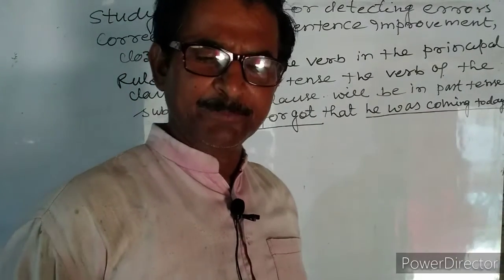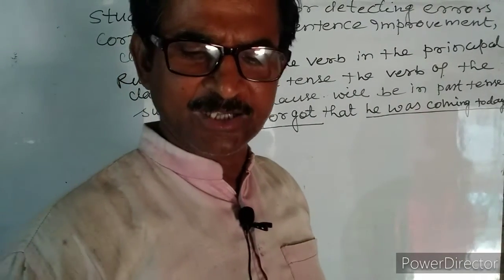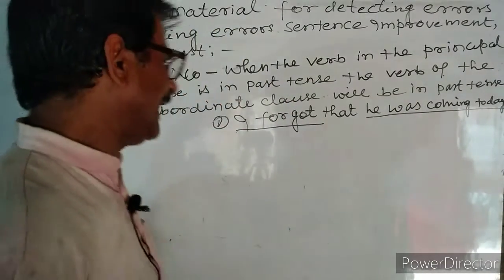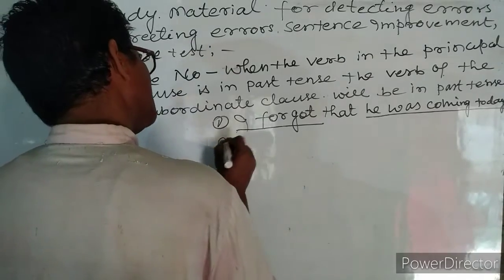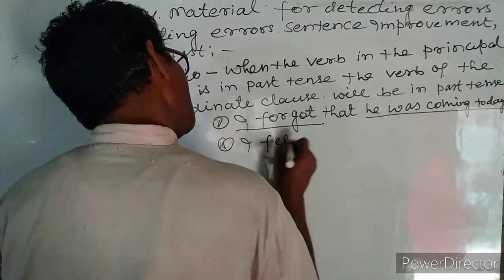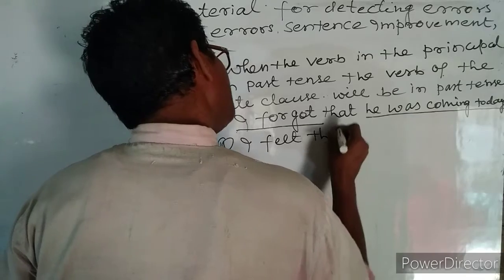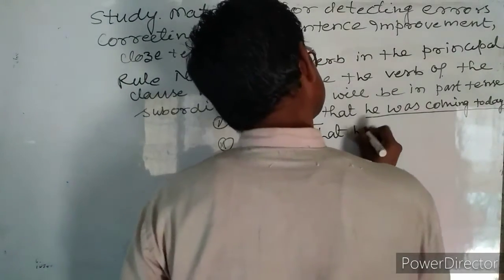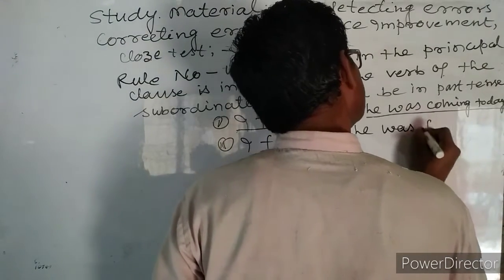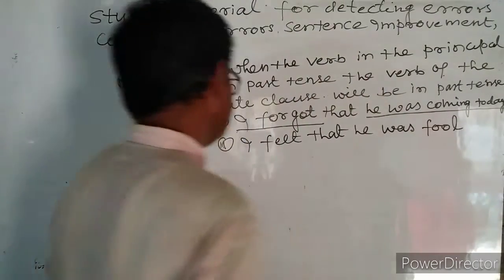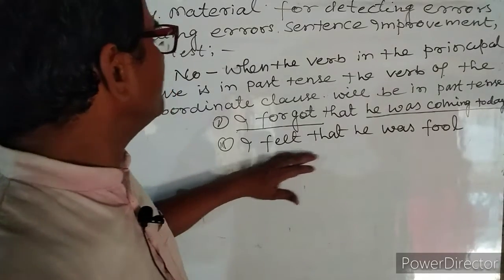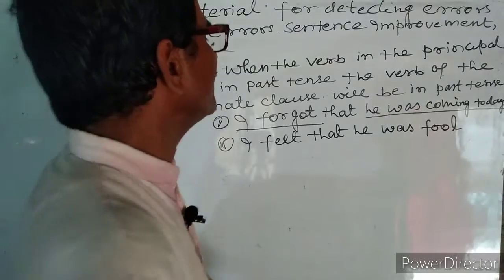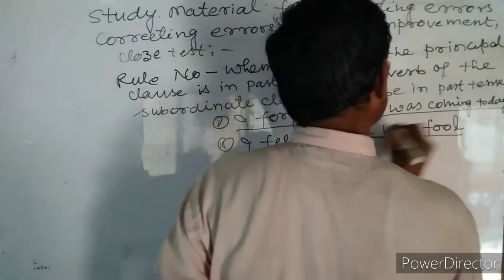To take the next example: I felt that he was a fool. Now in this sentence, the principal clause is in past form, so the subordinate clause will be in past form.